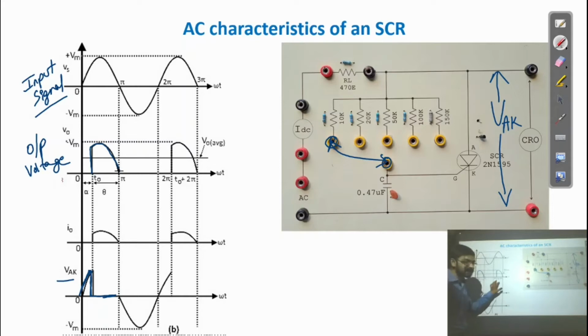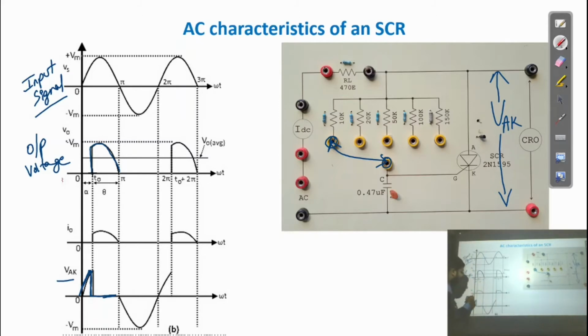So this is nothing but you can control the rectification point of a positive peak of an AC signal using an SCR.